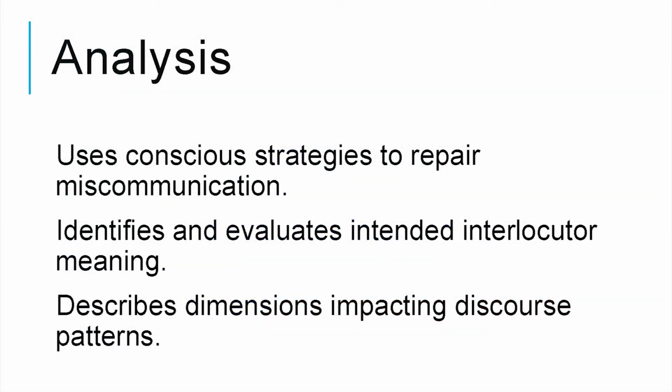In terms of analysis, what we're looking for is to see if the learner uses conscious strategies to compare miscommunication. So for example, did they know that they did something wrong in this encounter, in the sense that they might have insulted somebody, or somebody's avatar?